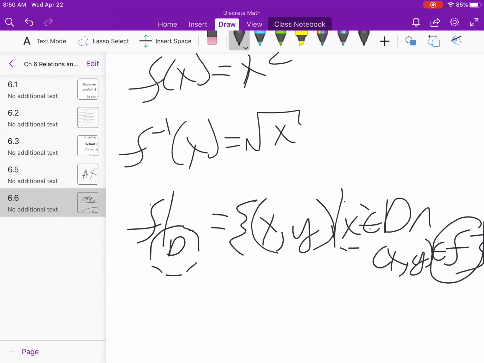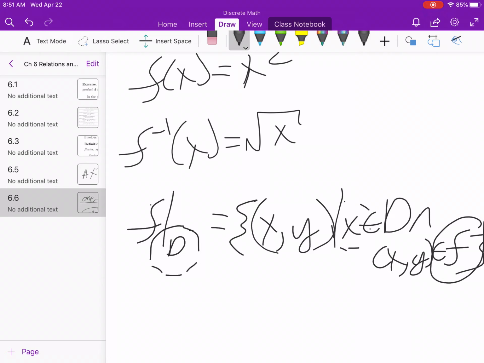So if we think about this function f of x squared, I would look at all of the ordered pairs x comma x squared, such that, remember, x is going to be a non-negative real number, and x comma x squared are members of this set. So 2, 4 would be in there, but negative 2, 4 is not going to be in there.